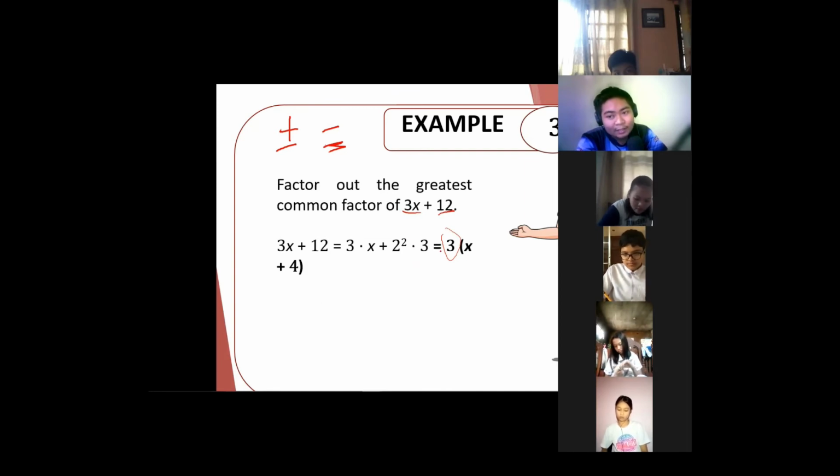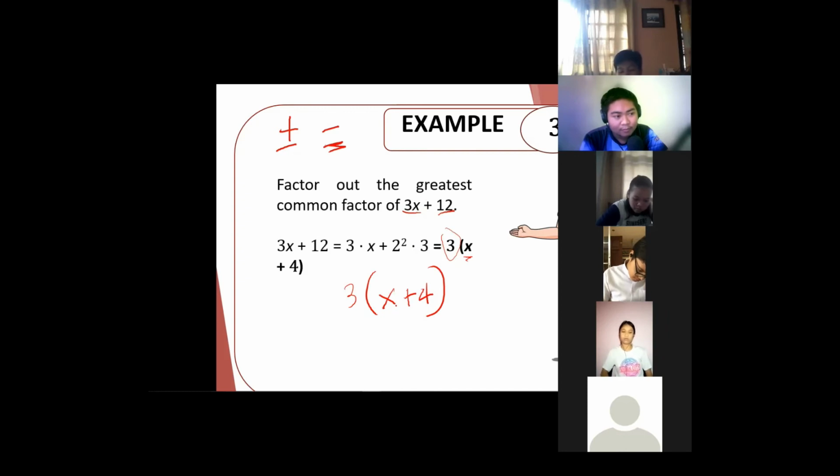So 3x divided by 3 would be x. So that would be 3x. 12 divided by 3 would be positive 4. So that would be positive 4.